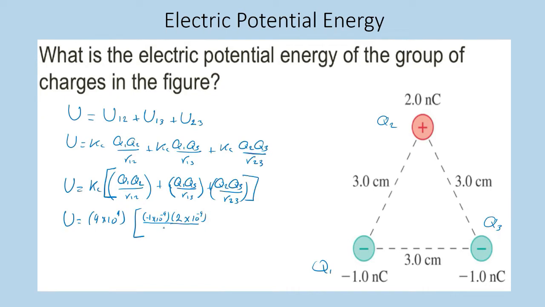The distance from 1 to 2, R12, is 3 centimeters, or when we convert it, 3 times 10 to the power of negative 2 meters, plus Q1 again, negative 1 times 10 to the power of negative 9, times Q3, negative 1 times 10 to the power of negative 9, over the distance from 1 to 3, which is also 3 centimeters, so 3 times 10 to the power of negative 2, plus now Q2, which is 2 times 10 to the power of negative 9, since it's in nanocoulombs, and Q3, negative 1 times 10 to the power of negative 9, over the distance, which is 3 times 10 to the power of negative 2.